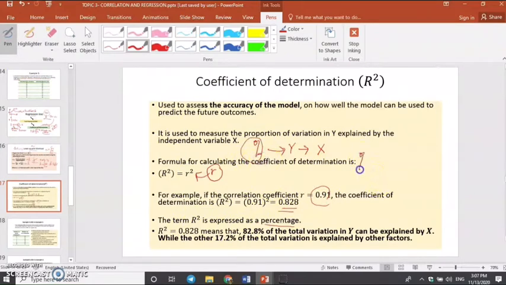Jadi bila you express dalam bentuk percentage, untuk dapatkan nilai R square, nilai tu mesti higher, tinggi. Macam you dapat mark lah kalau periksa kan. Kalau dapat 30 lebih maksudnya sikit lah. Jadi kita kena dapatkan 90 lebih. So yang better adalah from 60% to 90% to 100% lah. Maksudnya lagi banyak, lagi tinggi, lagi bagus.